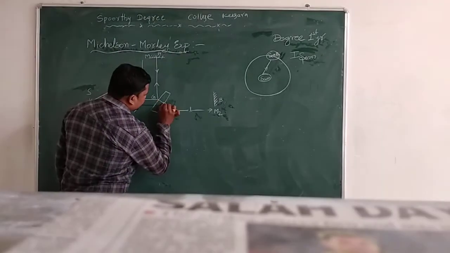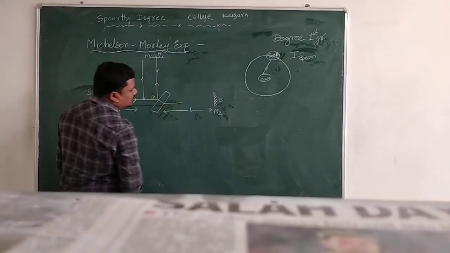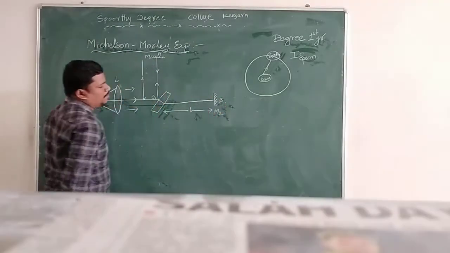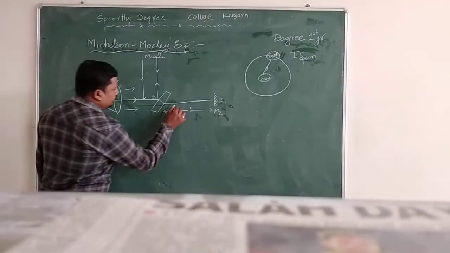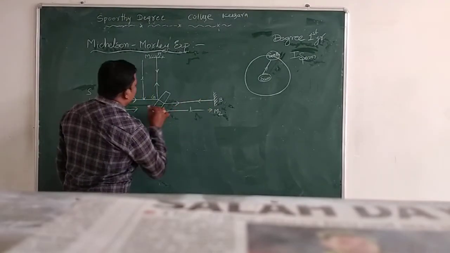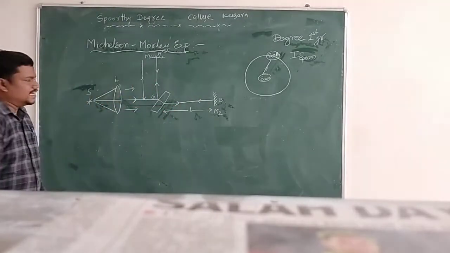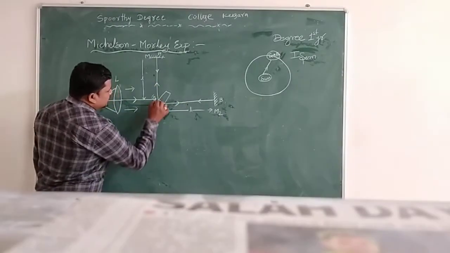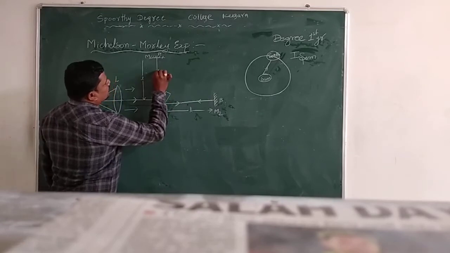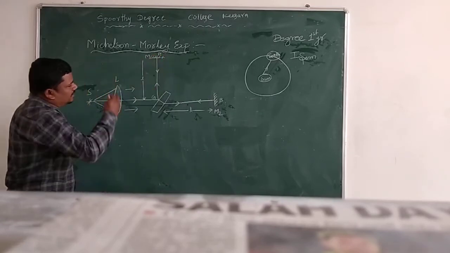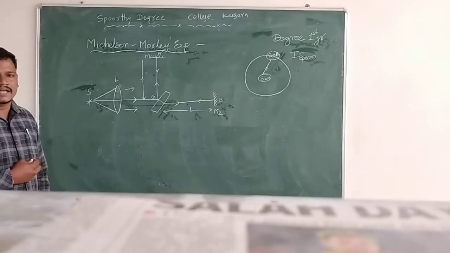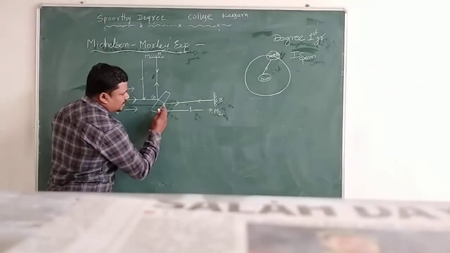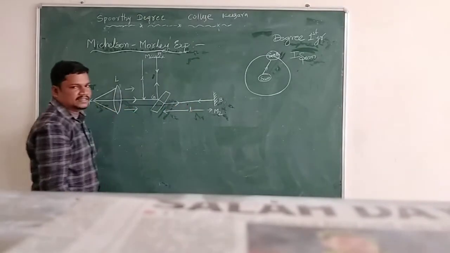Here, the refracted ray goes towards the mirror M2 and forms the interference pattern. When it is reflected at the mirror, it returns back. That is the interference pattern. In the same way, the refracted ray also forms an interference pattern.